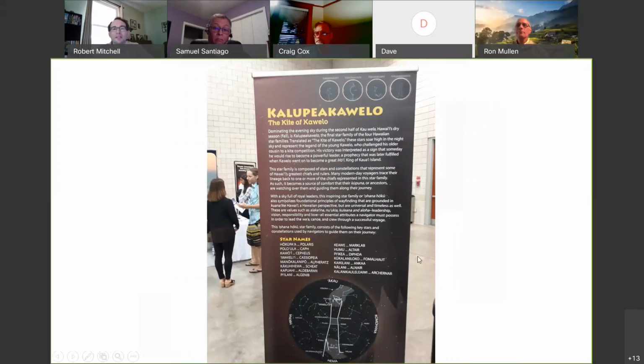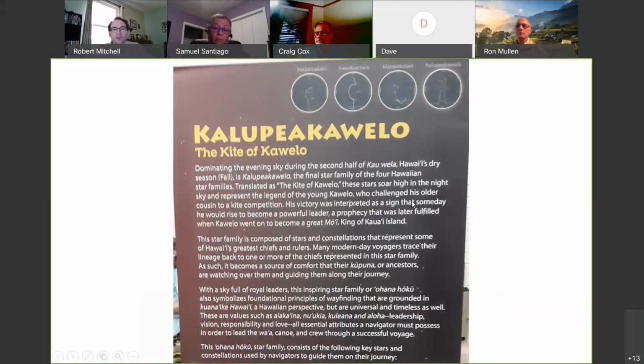And then in our autumn, the second half of Hawaii's dry season, this is the last one, Kalupea Kawelo, the kite of Kawelo. It represents a legendary figure named Kawelo who challenges his older cousin to a kite competition.